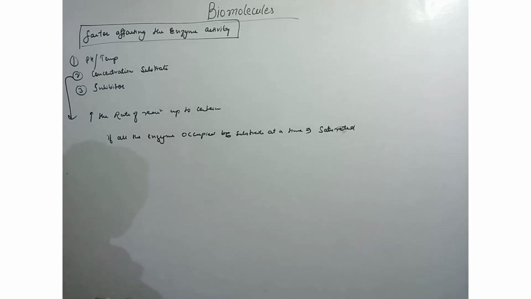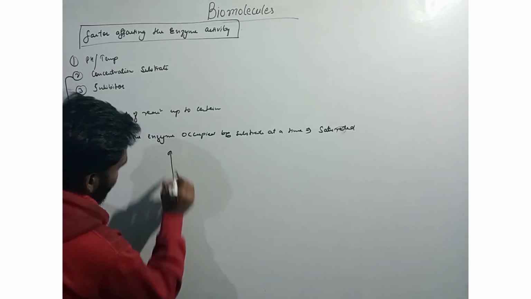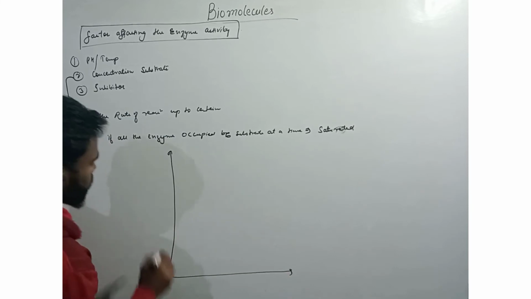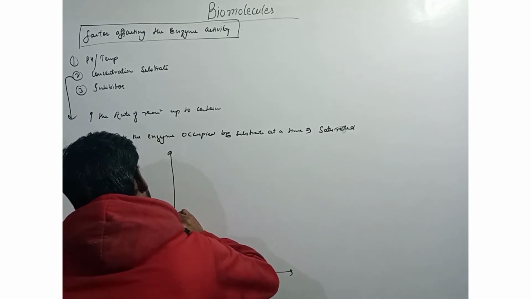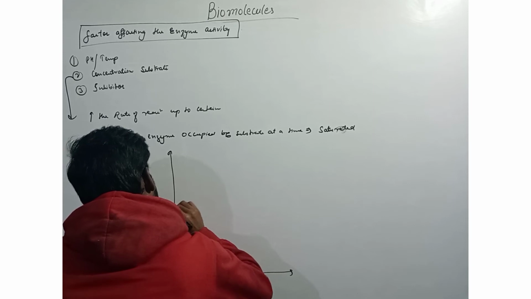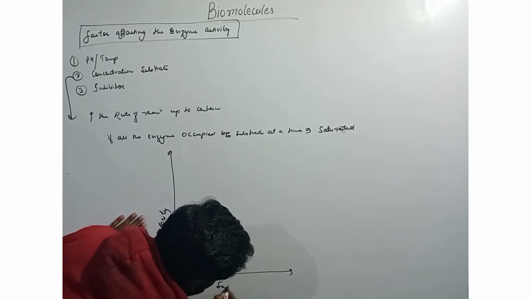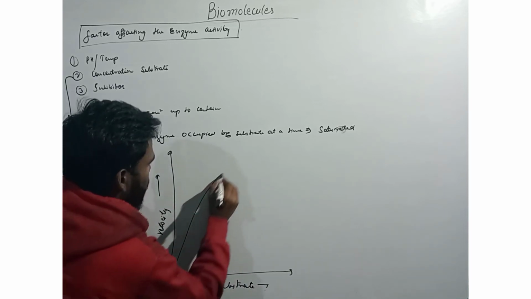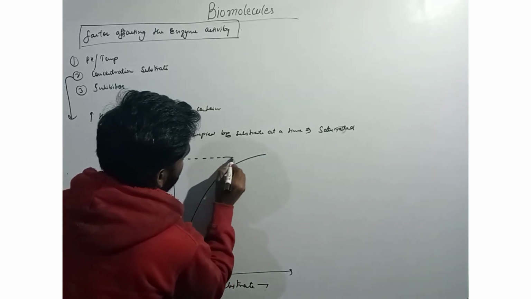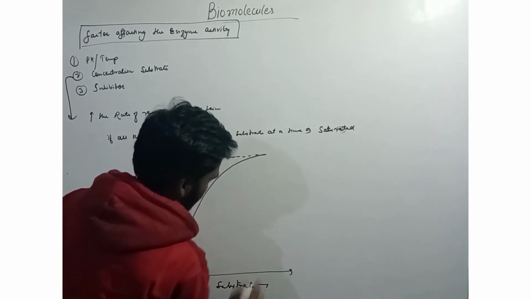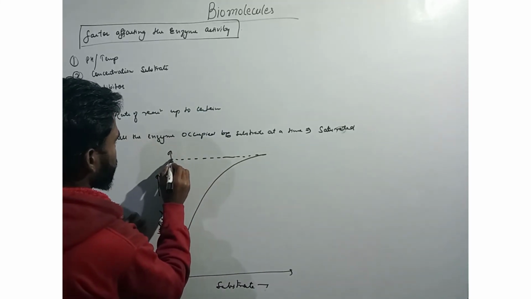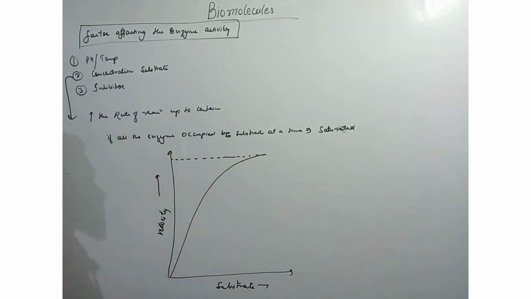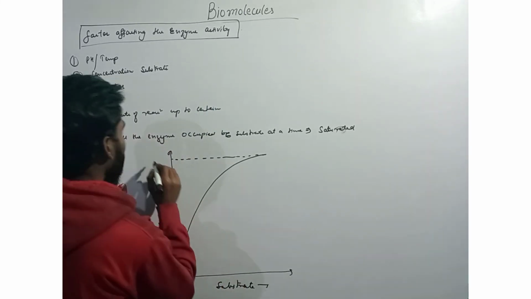Okay, now let's see in a graph. This is called velocity, and this is called substrate. Now let's see the concentration of substrate at which the saturation point is found; that is called Vmax.